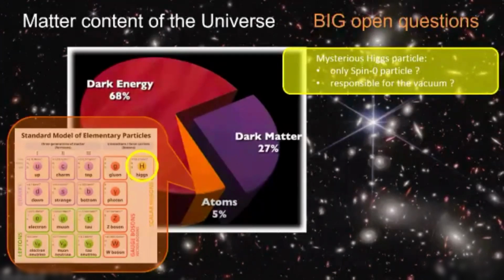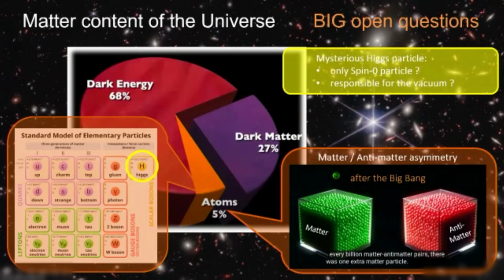And the Higgs is also responsible for the vacuum. And the vacuum takes me back to this famous oscillation structure of the vacuum that I discussed before. There is another little thing that I have hidden from you, and that is, this is only half of the picture. All these matter particles come with an antiparticle, an antimatter particle.